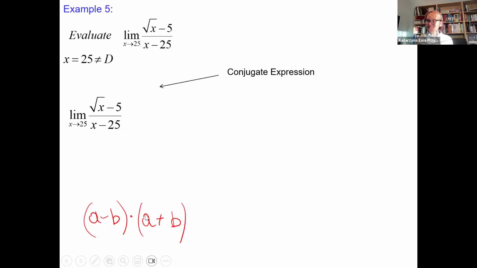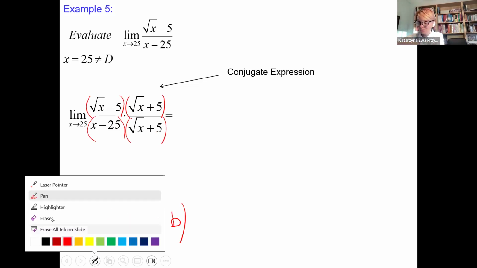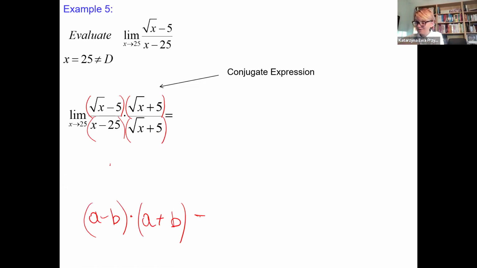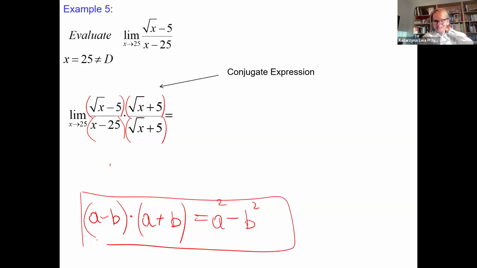That's what we call the conjugate expressions: A minus B, and then the conjugate is A plus B, or the other way around with the signs. And yes, we will multiply by the conjugate, not for the denominator, for the square root, always including the square root, because when we FOIL really quickly, A minus B times A plus B equals the first quantity squared minus the second quantity squared, A squared minus B squared, yes?